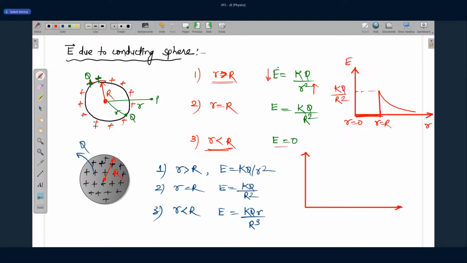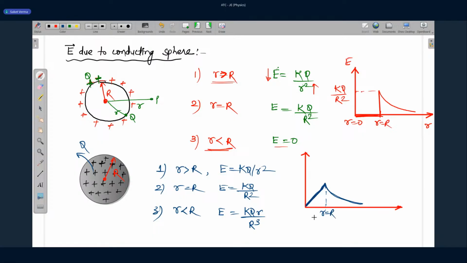Now similarly, in this case, when r is less than R, you can see that E and r have a direct relation, so it is a straight line. Then at r equal to R, it has some finite value, and after R it will decrease.